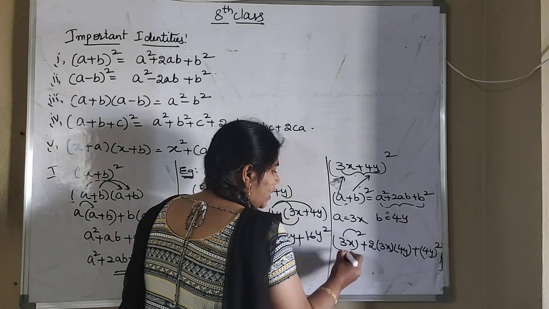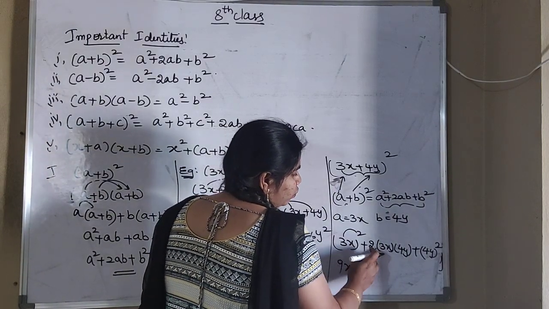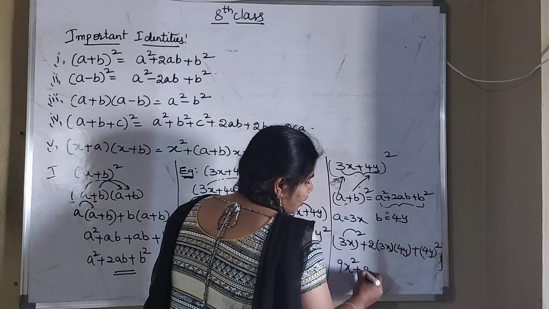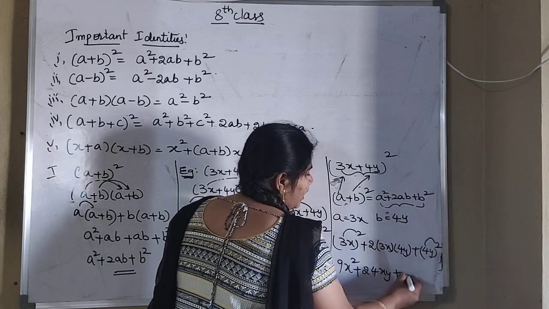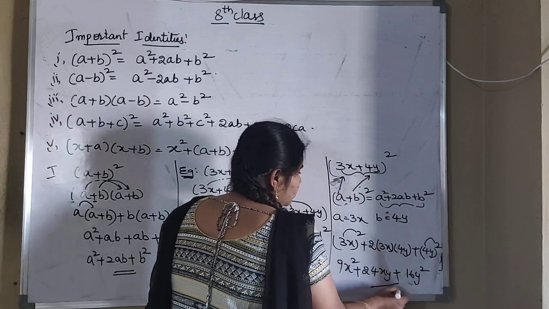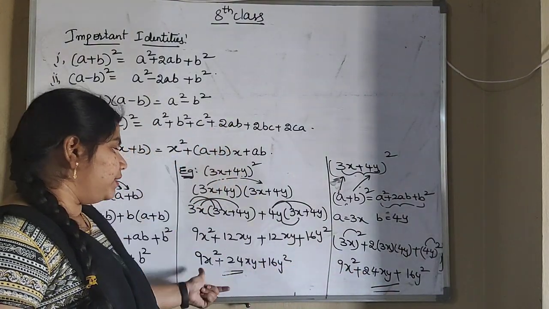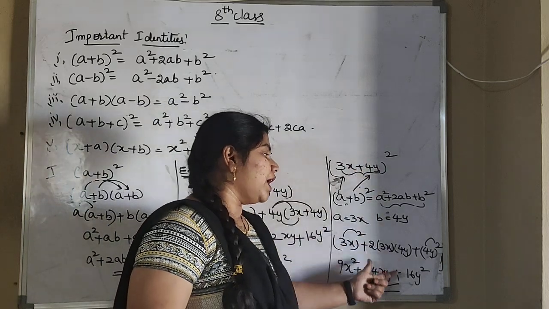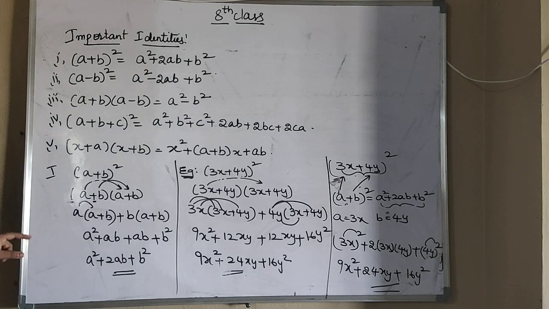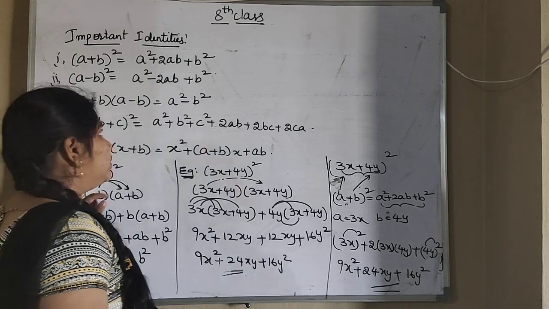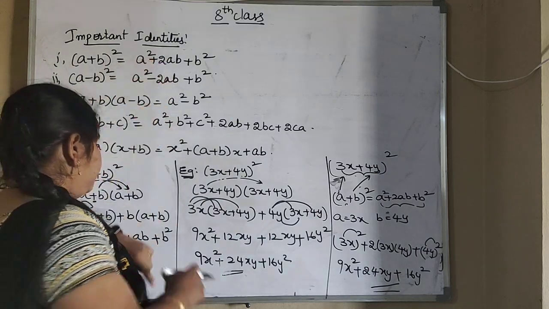So 3 square is 9x square, plus 2 3s are 6, 6 4s are 24, x into y is xy, plus 4 square is 16y square. So you got the same answer. Here I have multiplied. Here I have applied the identity directly. So this is our first identity: (a plus b) whole square is equal to a square plus 2ab plus b square.